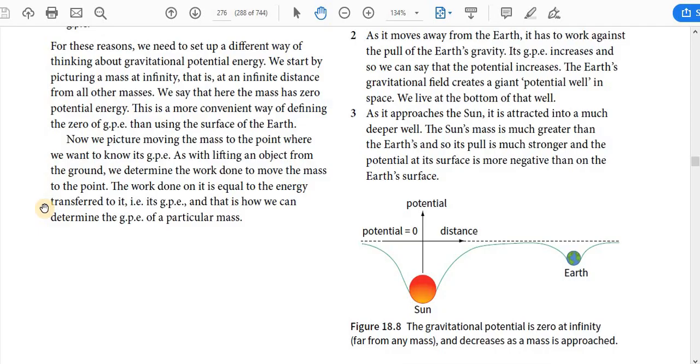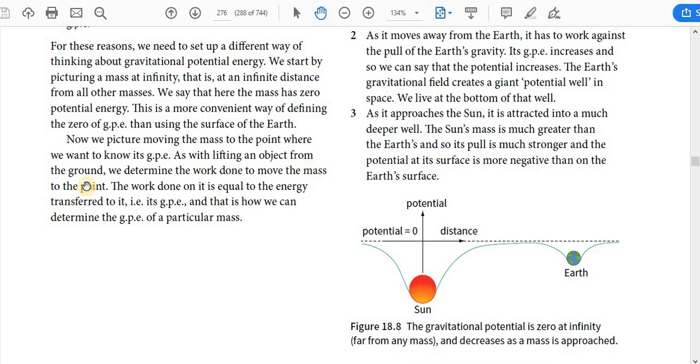But what is happening is, the earth's gravitational field will pull it, and when it gets closer and closer to the earth, the gravitational potential energy increases, because the value of gravitational field strength g increases.